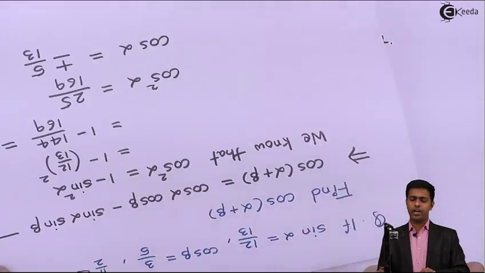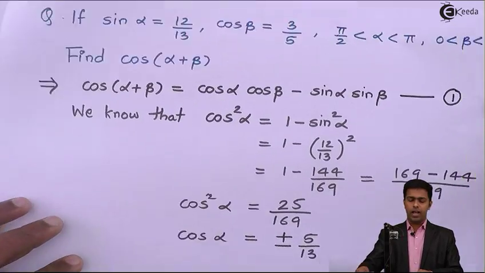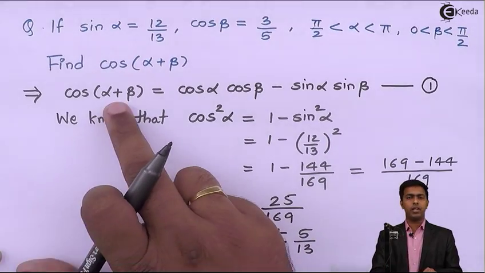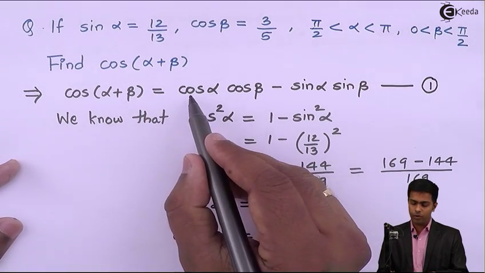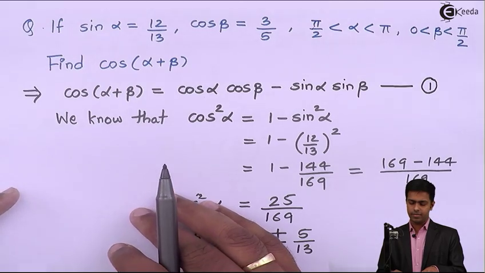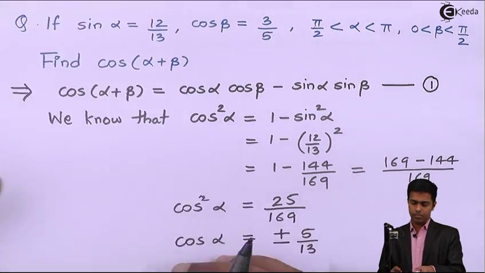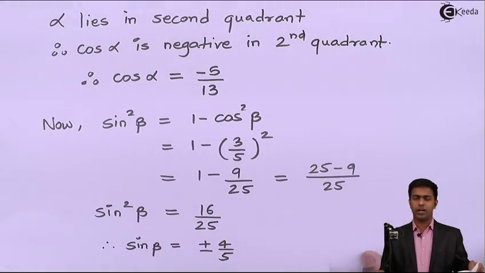Now it's time to find out the value of cos of alpha plus beta. So let's substitute the four values. The value of cos alpha is minus 5 by 13.